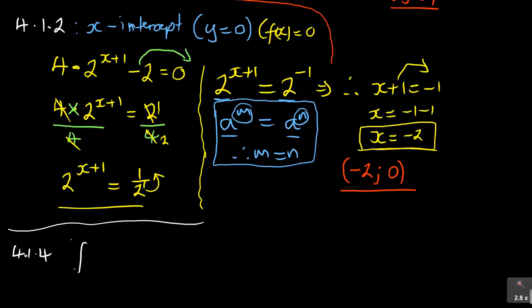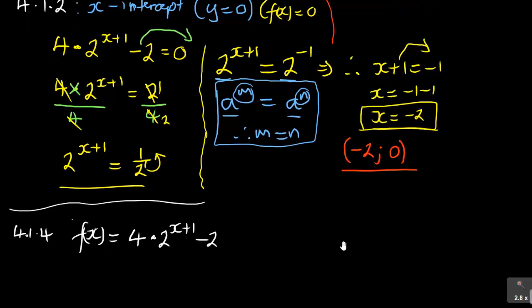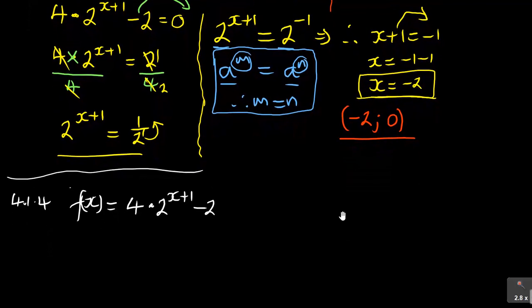So this graph, I just want to explain to you the asymptote part. You can actually recognize it. This graph, f of x is equal to 4 times 2 to the power of x plus 1 minus 2. So now whenever you're talking about the asymptote, you're talking about a line that the graph will never cut.